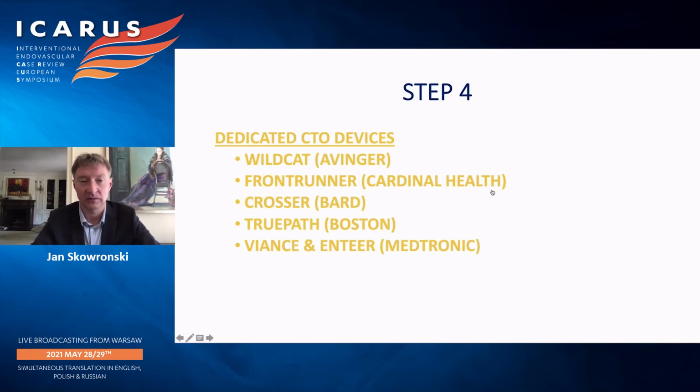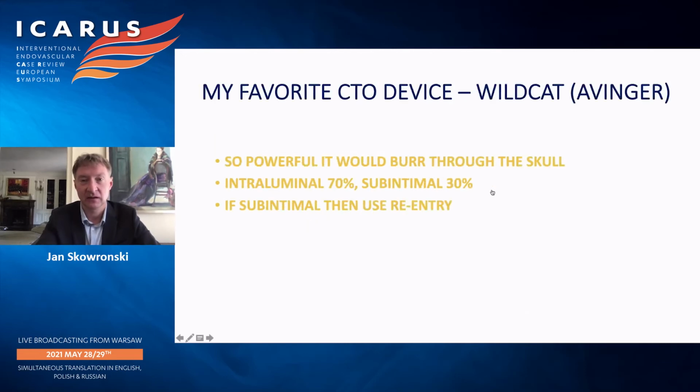And there are several. There is Wildcat from Avinger, Frontrunner, Crosser, TruePath, and Viance and Antier from Medtronic. My favorite device is actually Wildcat from Avinger. It's very powerful, but it's so powerful that it would burn through your skull if you get it in your head.